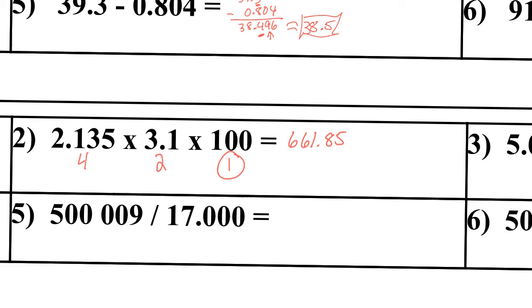So 661, I've got to round that so that it's 1 significant figure. So I'm going to be rounding in the hundredths place. So I'm going to look at this one. 6 is higher than 5, so I know I'm going to round up. So when I'm rounding, this is going to round to 700. Now I've got 1 significant figure in my answer.